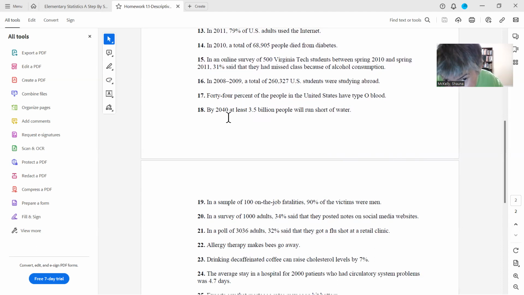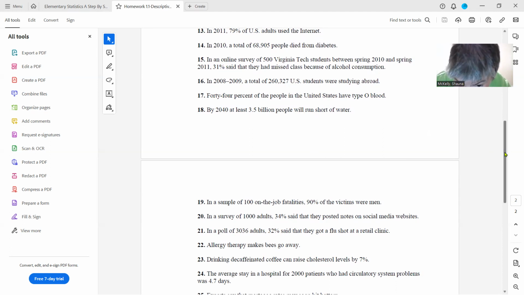Is it descriptive or is it inferential? Remember, they describe, they organize, they summarize what we already know. Inferential statistics draw conclusions, state relationships, or state consequence. So here, this is an inferential statistic, okay? Here's another example of an inferential statistic.